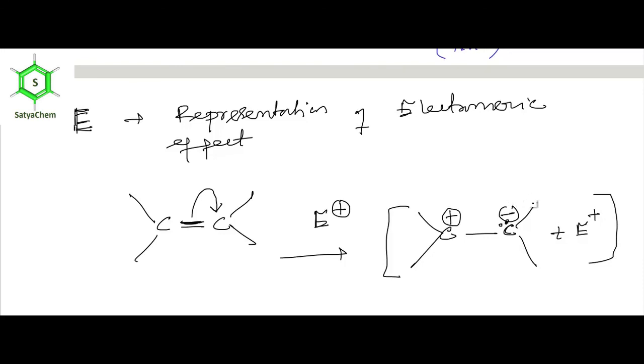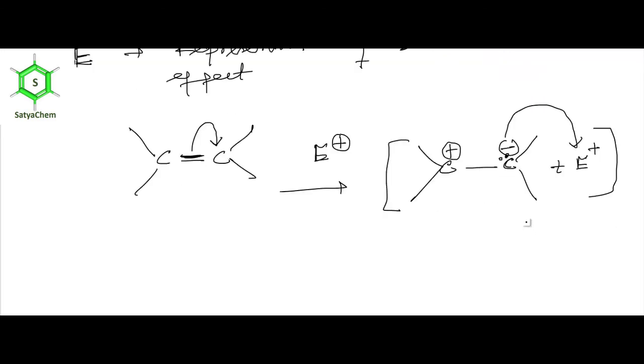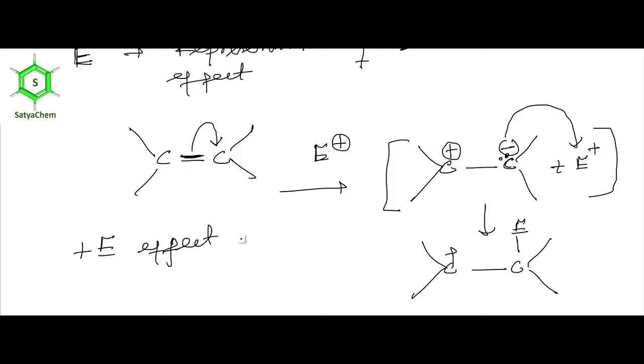Now this negatively charged carbon attacks the electrophile and makes a sigma bond with it. This phenomenon is called plus E effect. So here plus E effect is induced.